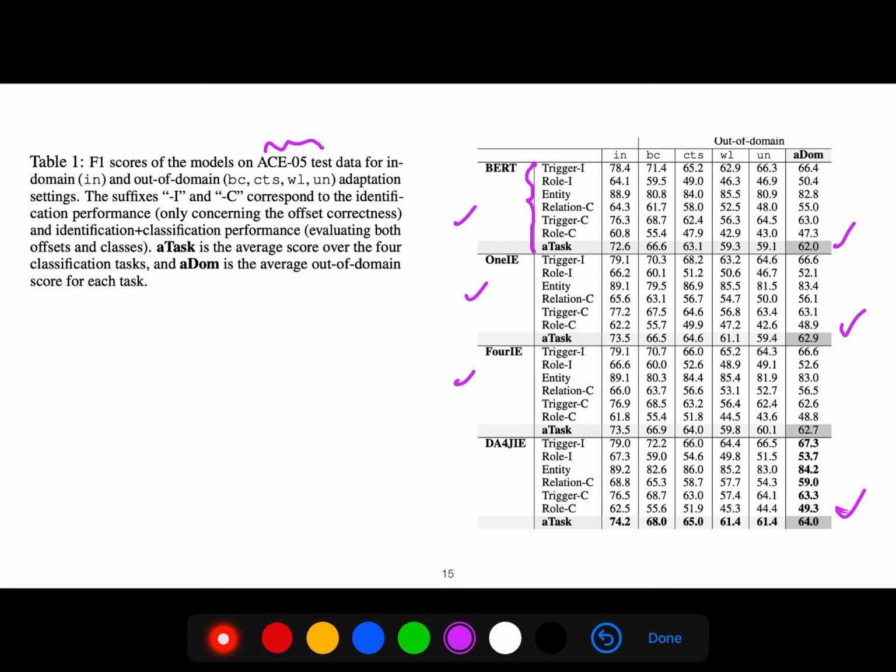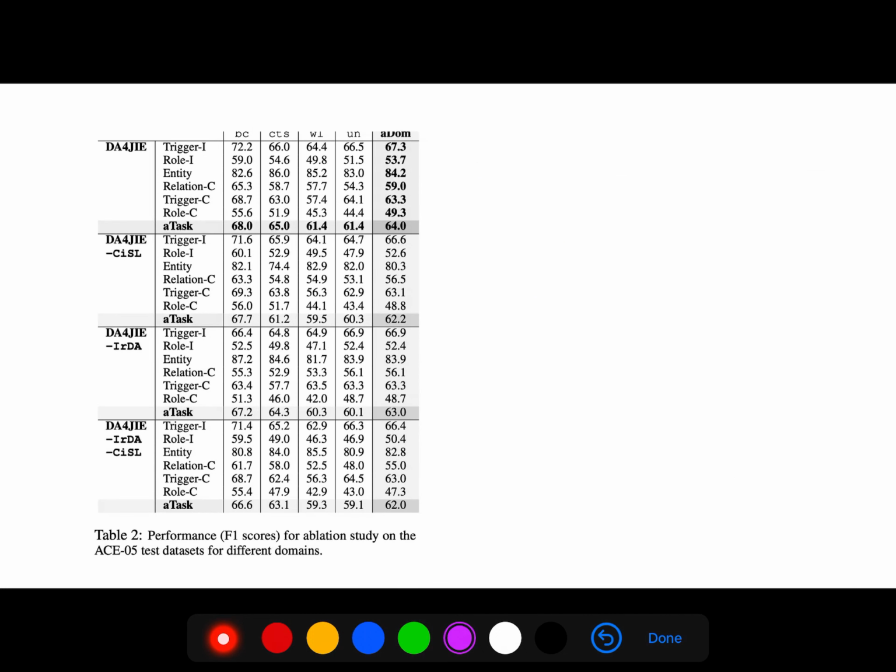The tasks are trigger identification, role identification, entity detection, relation classification, trigger classification, and argument role labeling, which is called the role classifier. So there are six tasks per model, and you see the comparison of their F1 scores.